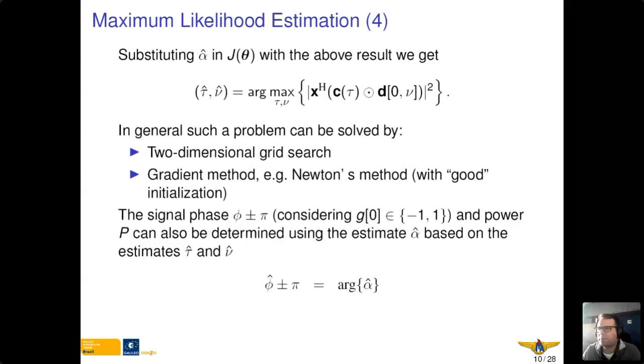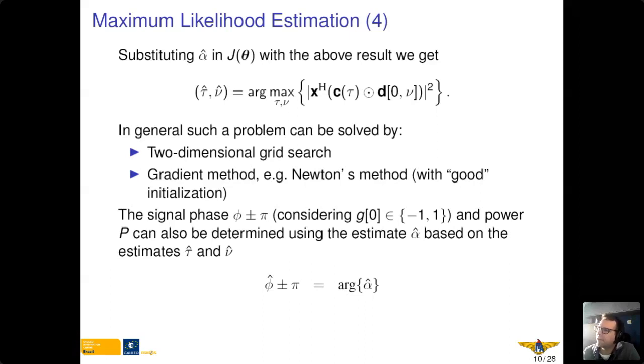However, the problem needs to be convex, or in our case concave, over the whole area of the parameters, and this is not given in our case, so we have to stay with a 2-dimensional grid search.